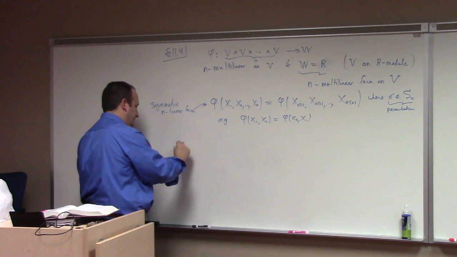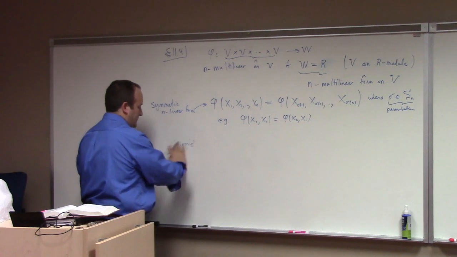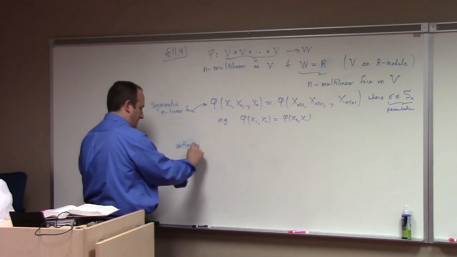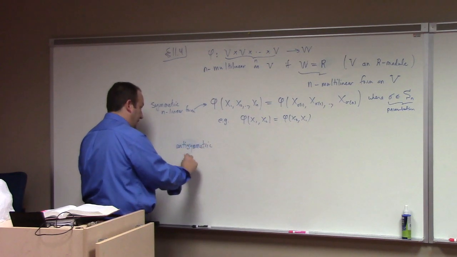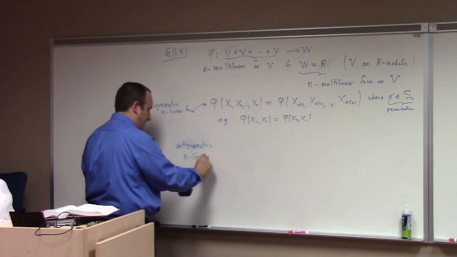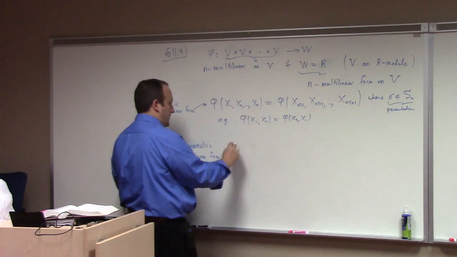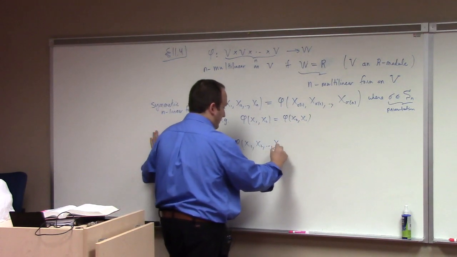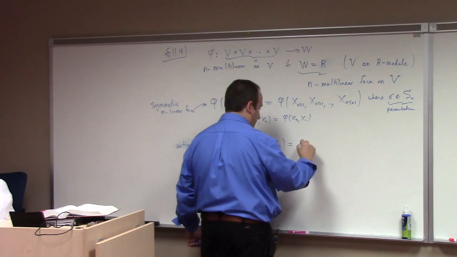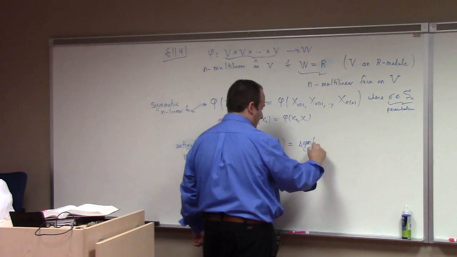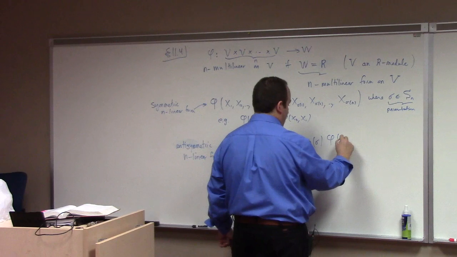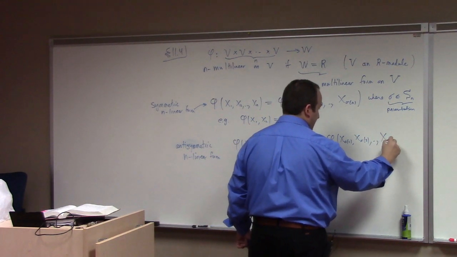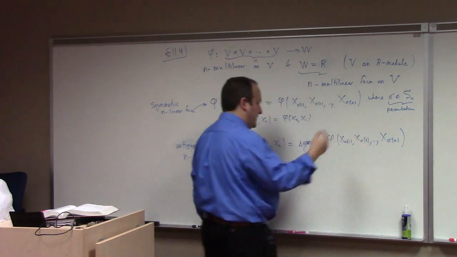The completely antisymmetric, or just antisymmetric, n-linear form has phi of x1, x2, ..., xn equal to the sign of sigma times phi of x sigma 1, x sigma 2, ..., x sigma n, where again sigma is a permutation.